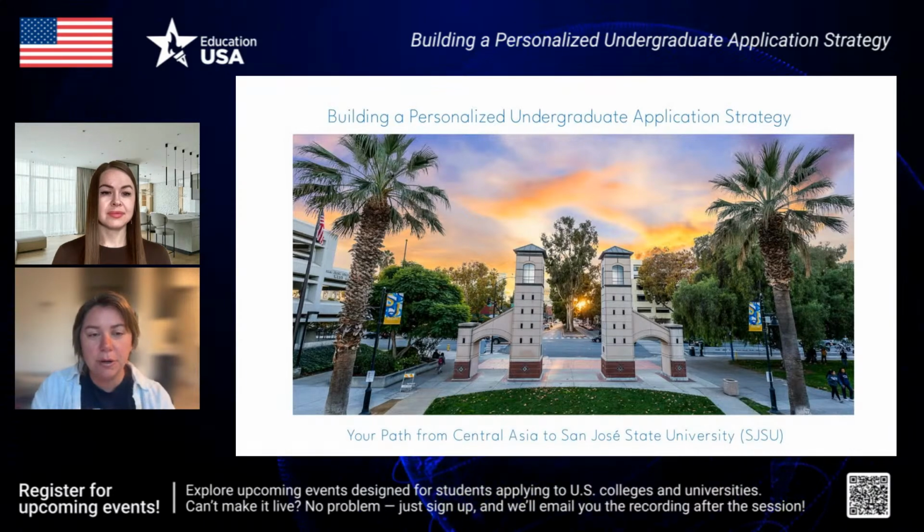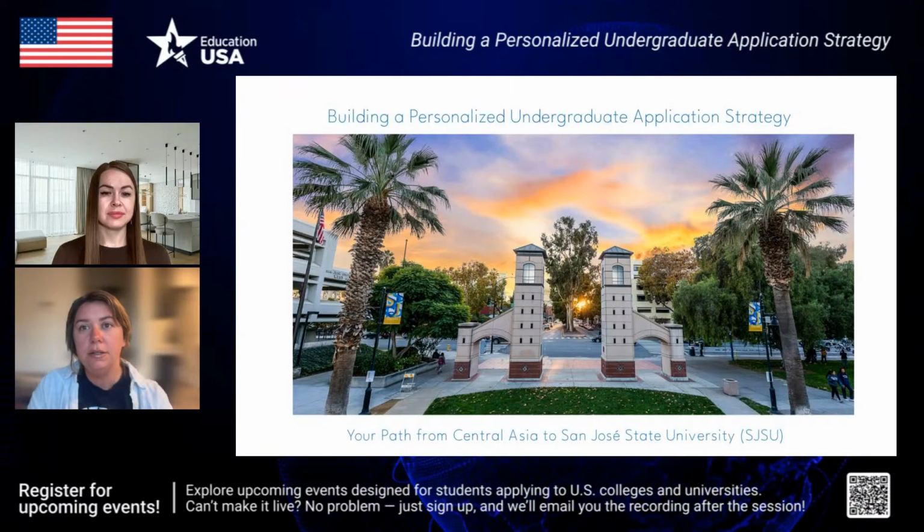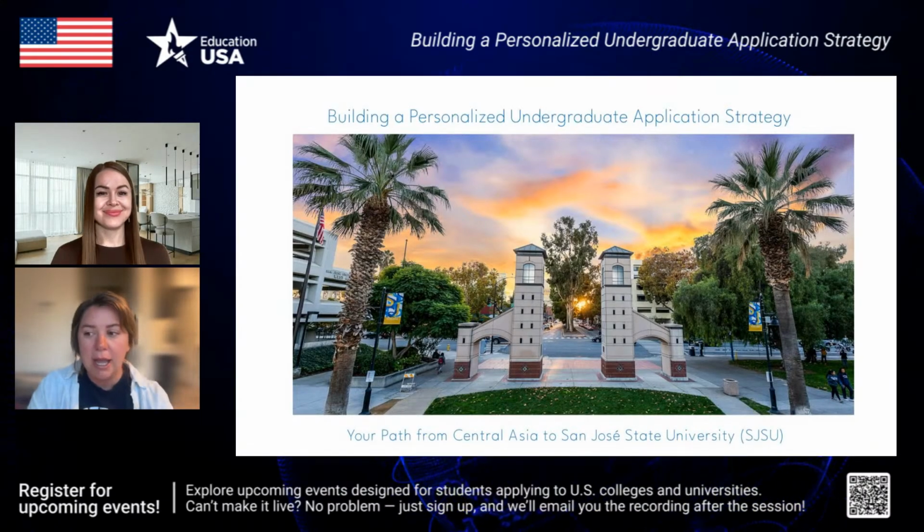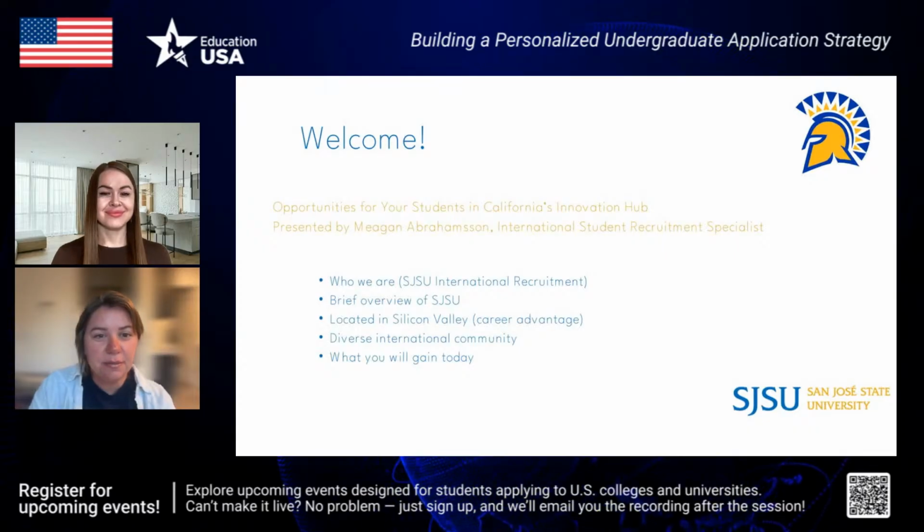So I'm going to show you a little bit also about our university, as well as building a personalized undergraduate application strategy. And this is in particular information for CSU schools. So I'll explain more about that as we go along.